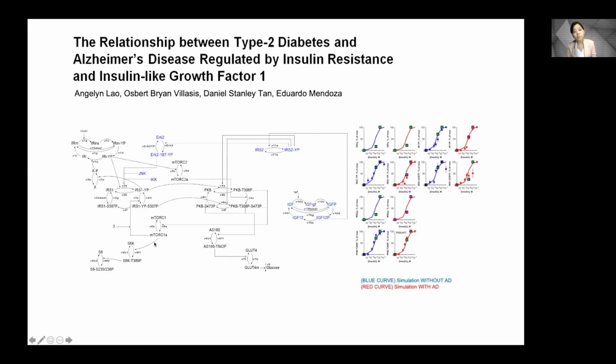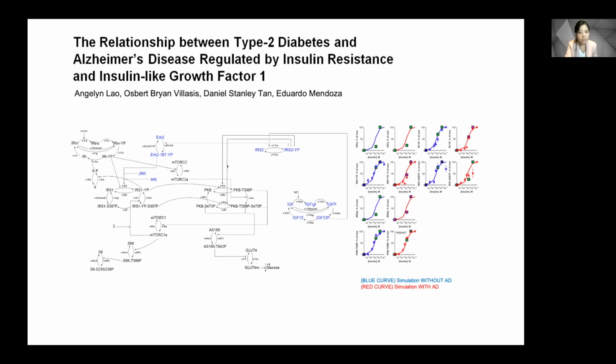We also use it to study the relationship between type 2 diabetes and Alzheimer's disease. So we have here an insulin resistance pathway in relation to T2D and AD. The pathway is composed of insulin signaling that inhibits gluconeogenesis in the liver through the disruption of mTORC2 binding.